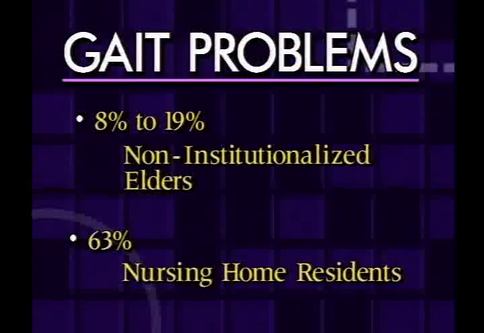Gait problems are common in non-institutionalized individuals. 8 to 19% of people not in nursing homes have some problem with their gait. On the other hand, patients in nursing homes, up to 63% of those individuals have some abnormality of their gait. So if all patients with gait abnormalities were restrained, over half of nursing home residents would have to be tied up. Clearly that's not the case because many of these problems can be addressed without restraints.